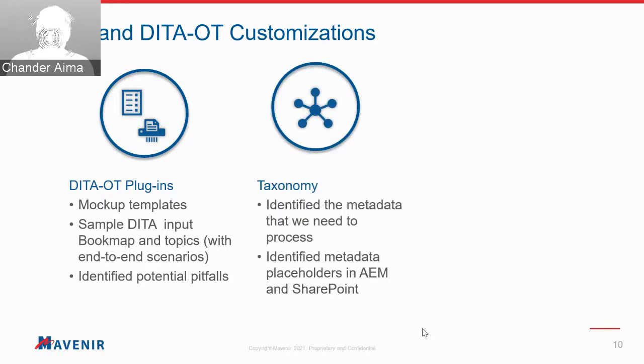The other part that we wanted customized is taxonomy, because we are publishing. We wanted to drive over publishing with the help of taxonomy, metadata, or tags, as we call them in AEM. So we identified what is the metadata that we like to process, and where it will sit in AEM, and how it will get propagated to SharePoint, and how it will sit in SharePoint.